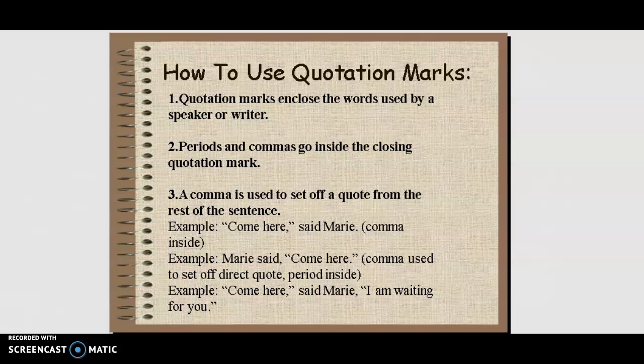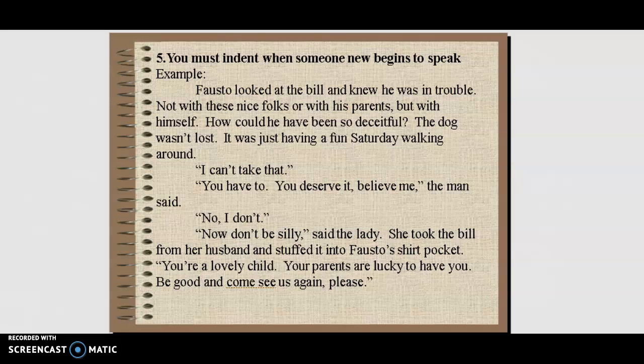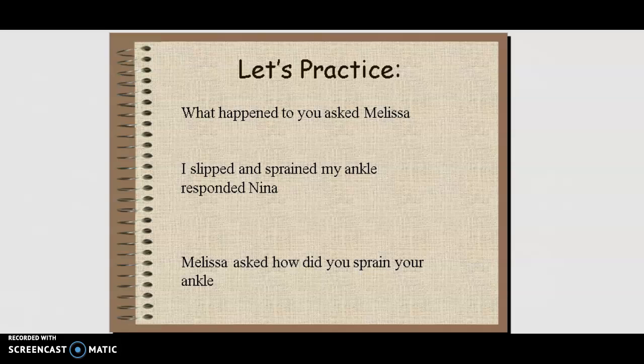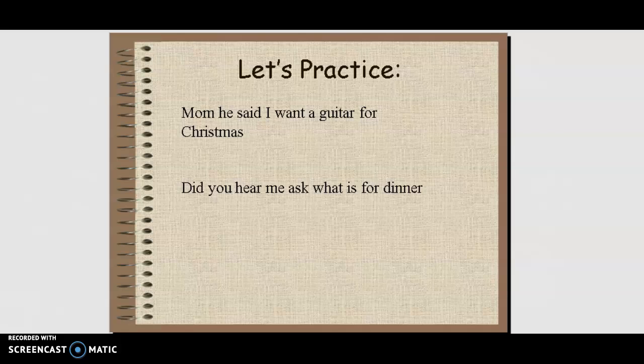And here are some tips for you to learn how to use the quotation marks, the periods, the commas, the exclamation points, how we can write dialogues in stories, and a little practice with a story for you to create.